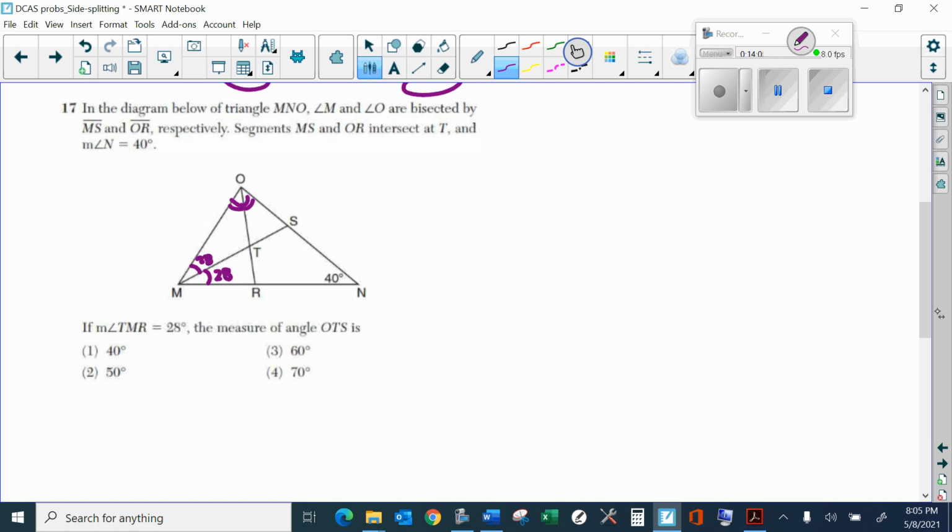That's 56 plus 40 is 96, from 180 is 84, which makes both of these, half of those, 42. So now we have that. We're looking for the measure of angle OTS, this one here.